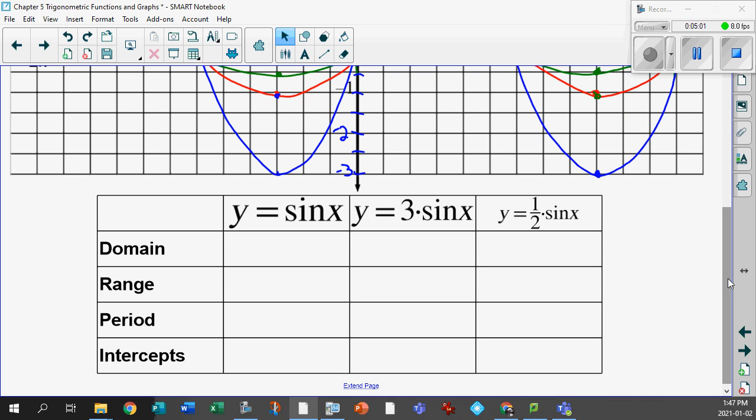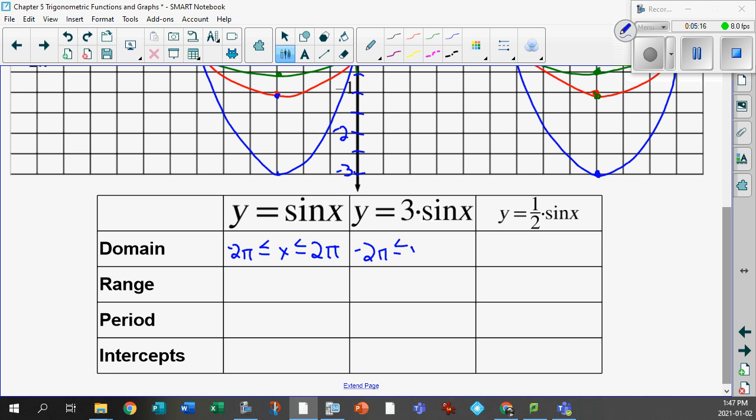So we fill in the blanks here and we realize a few things. The domain has not changed. The domain does not change. We are still between negative 2 pi and, of course, 2 pi, whether we're talking about this one, this one, or this one, because remember, our domain did not change because we are doing a vertical stretch, not a horizontal one. The range does.